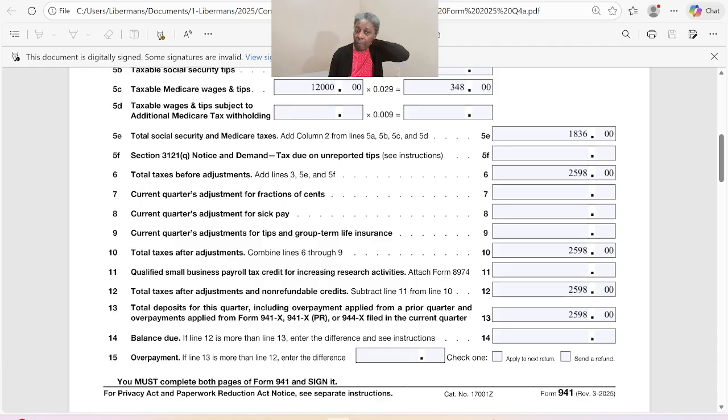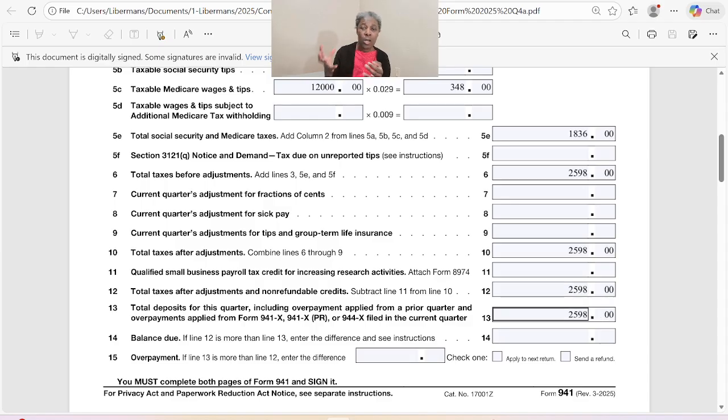That is the amount you deposited during this quarter for those taxes that you withheld, and your business needs to pay some portion of as well. This 25.98. How much of it did you deposit to the IRS every month of those 3 months of the quarter is what they are asking you here to put here.